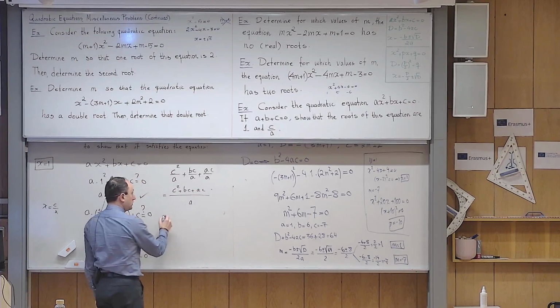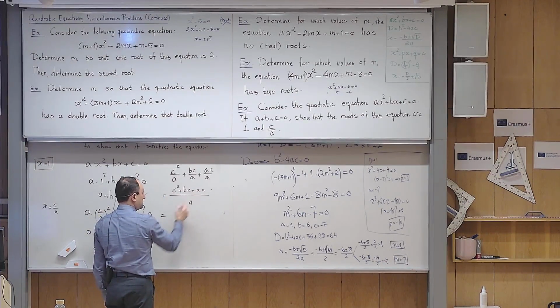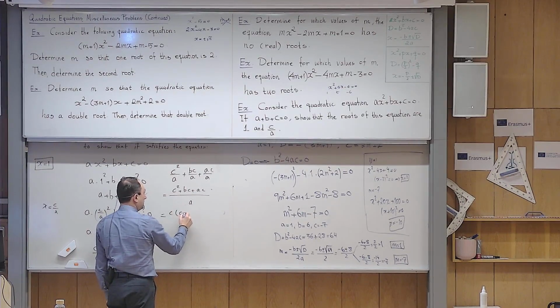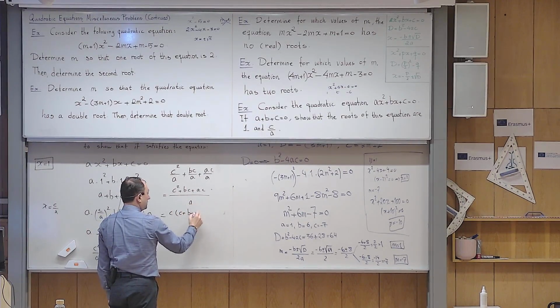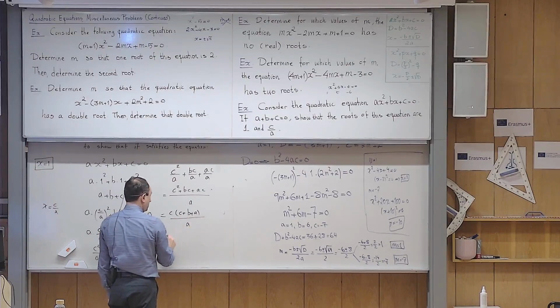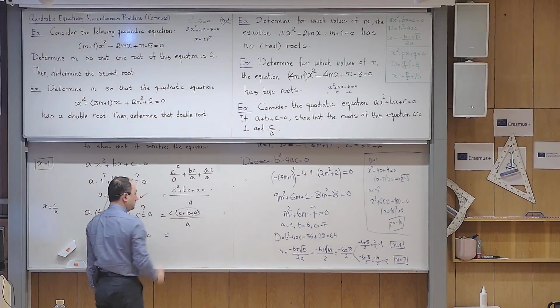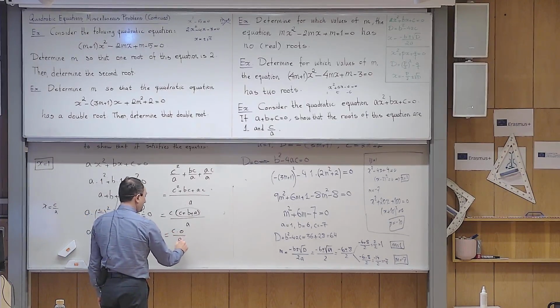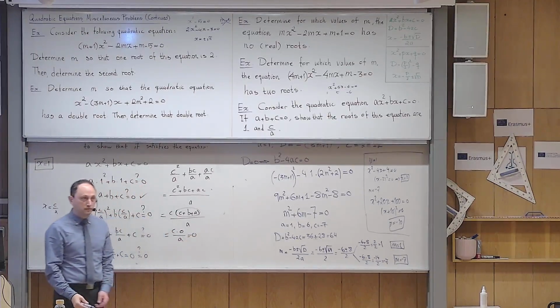Yes? And then what happens between this one and this one and this one? I can factor a c out. It becomes c times (c plus b plus a) over a. But what is this number? 0. So it becomes c times 0 over a, which is 0, and I am done.